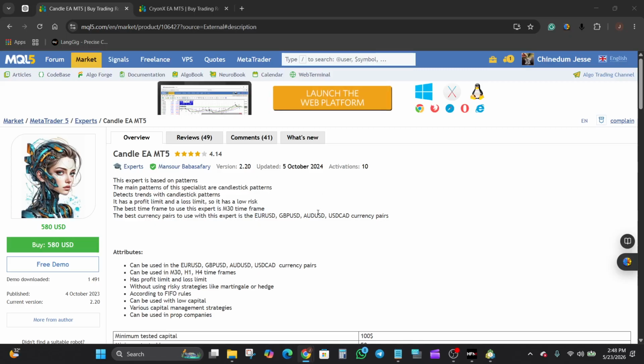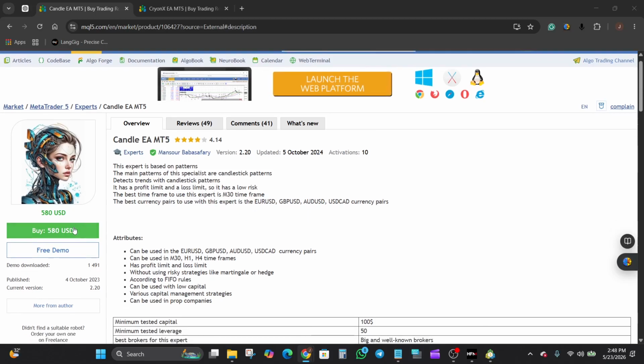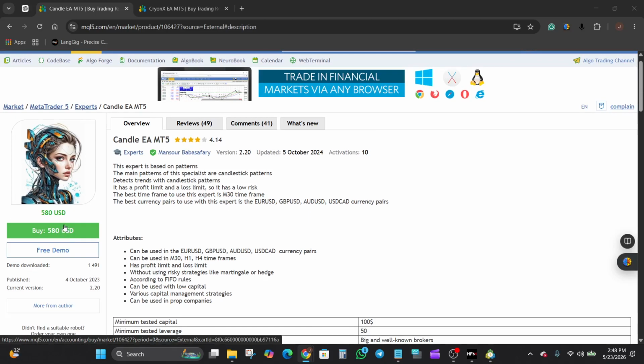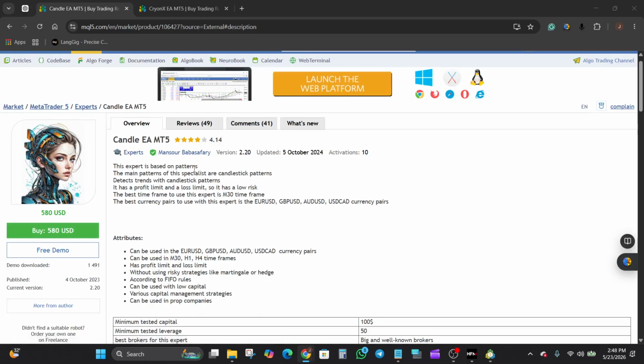Right now on my screen, I'm looking at the Candle EA MT5 developed by Mansour Baba Safari on the MQL5 Marketplace. This EA is priced at 580 US dollars, and the latest version here is 2.20, updated in October 2024.